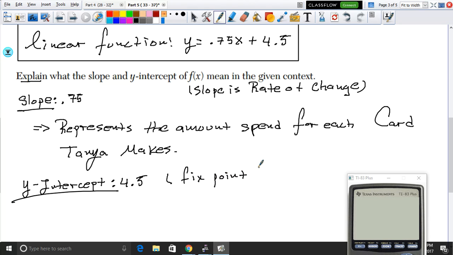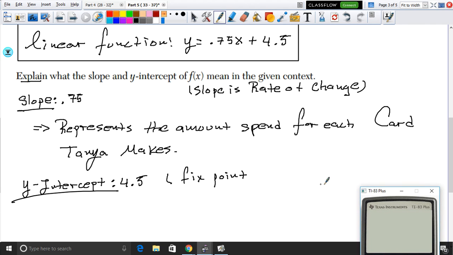It's a fixed point because it's not changing. It's always going to be 4.5. So if we know that 0.75 is the amount she's spending for each card that she makes, then that means that the y-intercept represents a fixed cost.